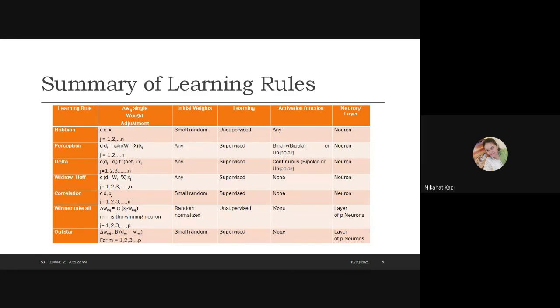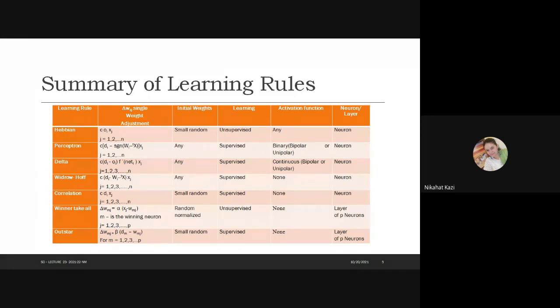So what is the single weight adjustment? What are the kind of initial weights that are required? We didn't talk much about this aspect, but of course, weight adjustment, everyone should remember the weight update equation, right? Delta W. What is delta W for each learning rule? You can never forget. So this table will give you a gist of all the learning rules.